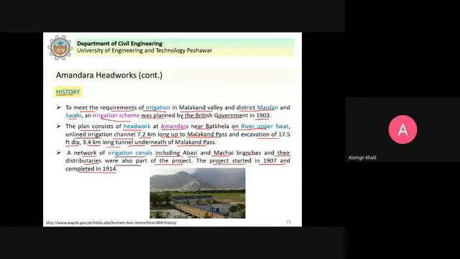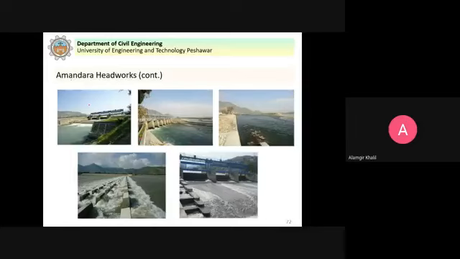Now you can see this information from this website here. These are the different pictures showing Amandara headworks. You can see the baffle blocks. The idea here is to dissipate the energy of the flowing water.